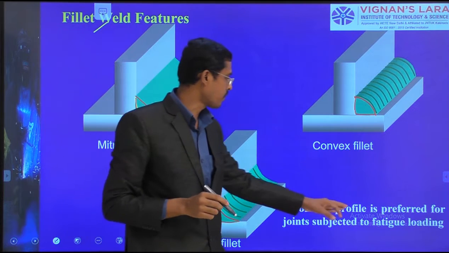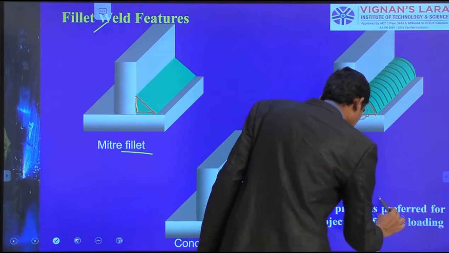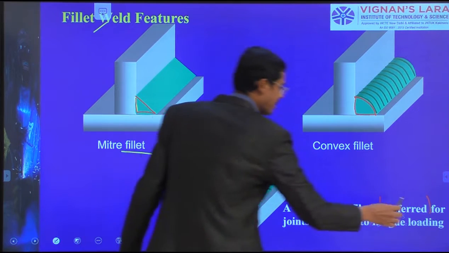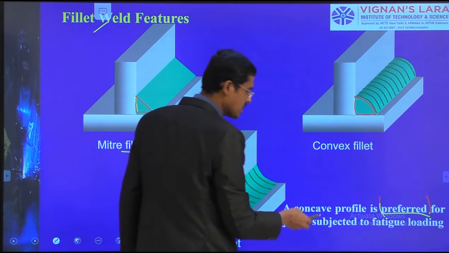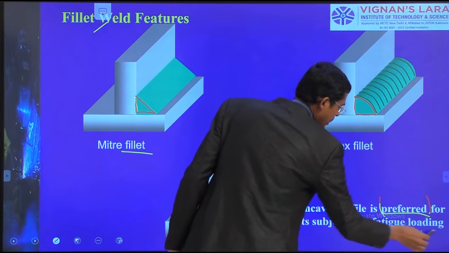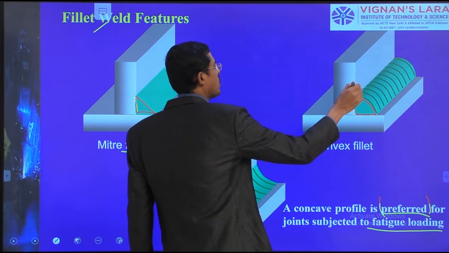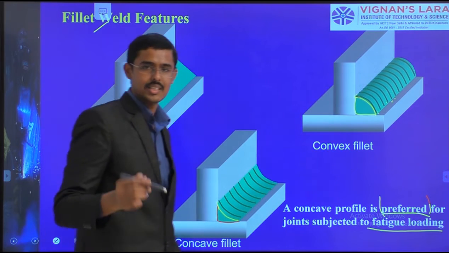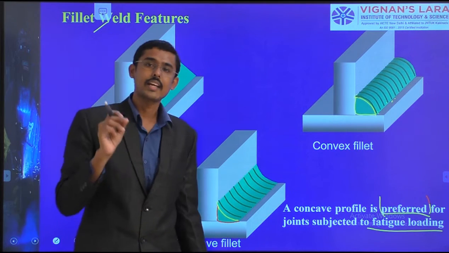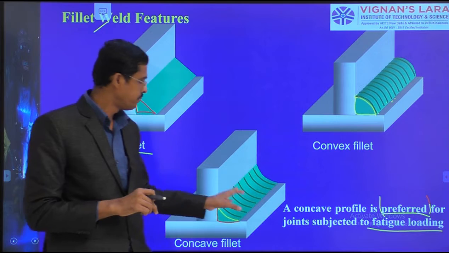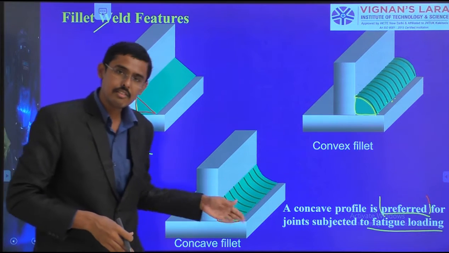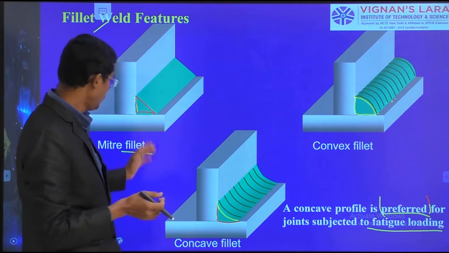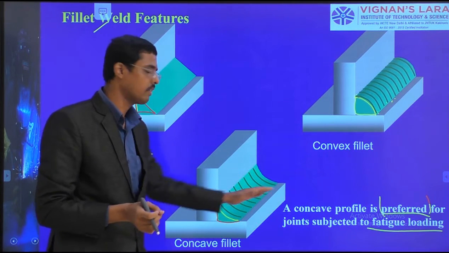The concave profile is preferred over all the others. For joints subjected to heavy fatigue loading, due to convex there is a stress point, and that creates a crack initiating point. Therefore, we prefer concave fillet welds. So this is about the three: miter, concave, convex. Concave is preferred.